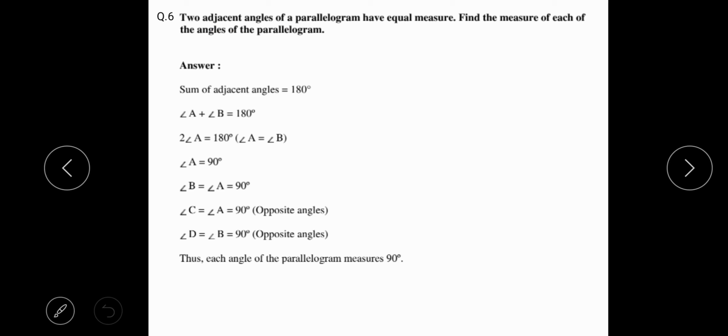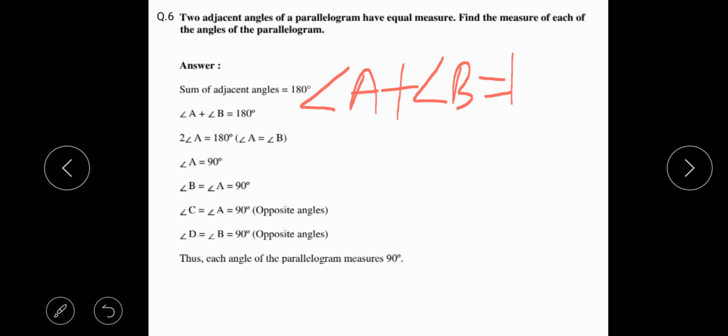So as we know, if angle A and angle B are adjacent angles, then angle A plus angle B is equal to 180 degree.